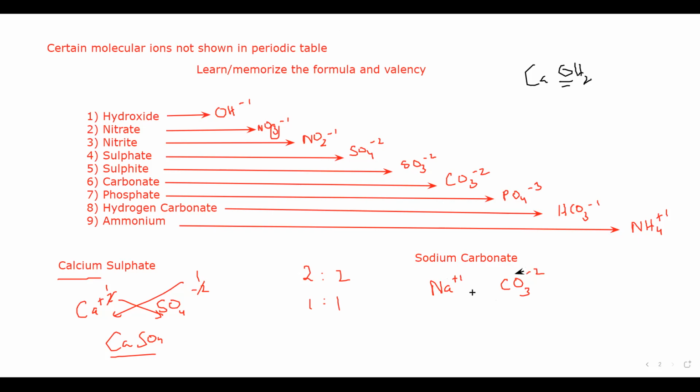The 2 with carbonate comes with sodium, and the 1 with sodium comes with carbonate. So Na2CO3. A bracket around 1 does not make a difference, that's why I did not make a bracket. If it is 1, we do not write the ion in a bracket, we simply write it as it is. If it is 2, 3, 4, then we show it in a bracket. Is it clear? The second example, sodium carbonate.